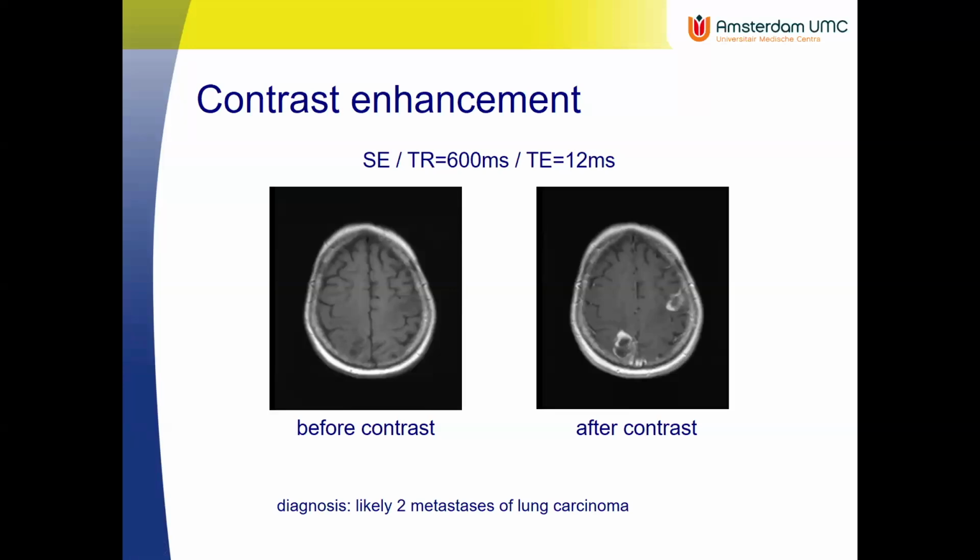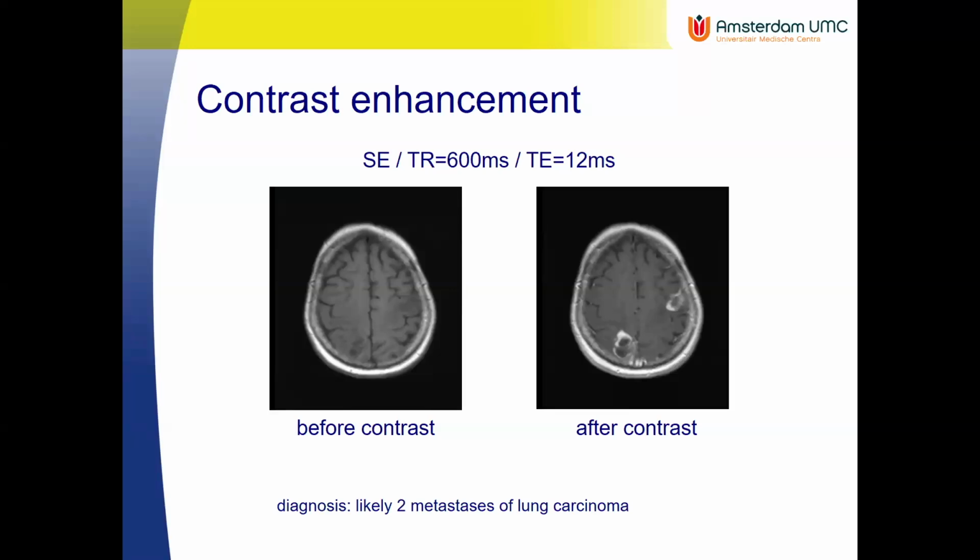Now, in the normal brain, the contrast agent doesn't go into the brain tissue; it stays in the vessels because it can't pass the intact blood-brain barrier. But in this case, we have tumor growth, and then there's leakage of the contrast agent because there are newly growing vessels.